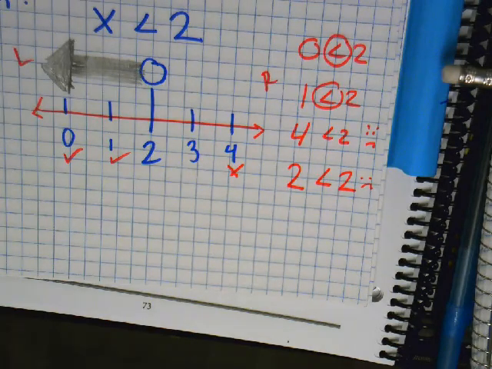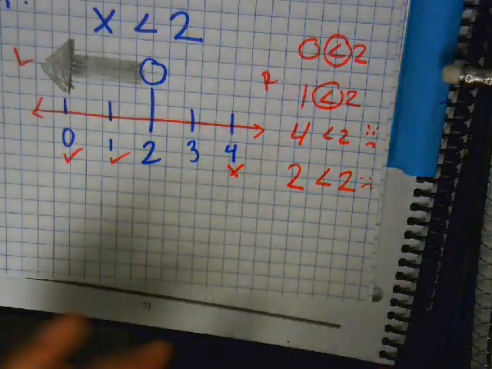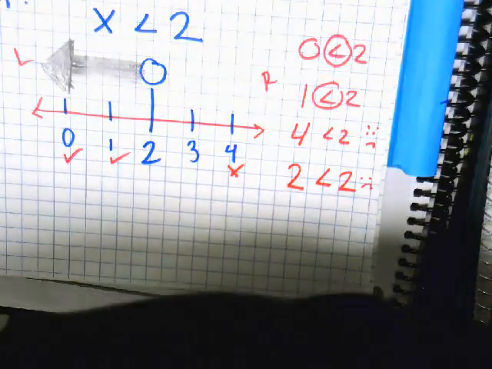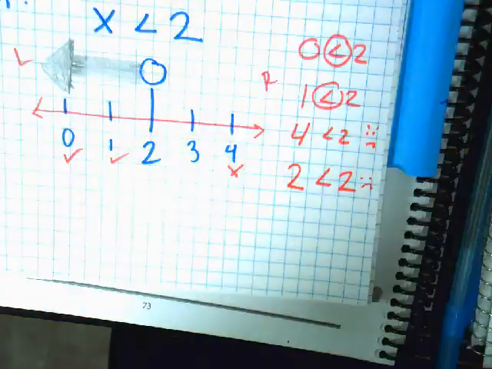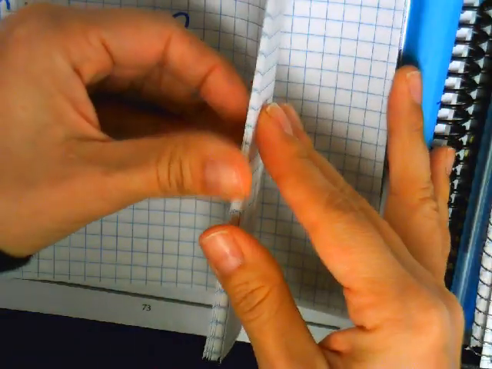The circle is our placeholder. If it's open, that means this number does not work. If it's shaded, that means if I plug it in, it will work. This one does not work. Okay. Are we okay? It's a lot of little things, but they're all pretty easy things, hopefully, to understand. Let's check.